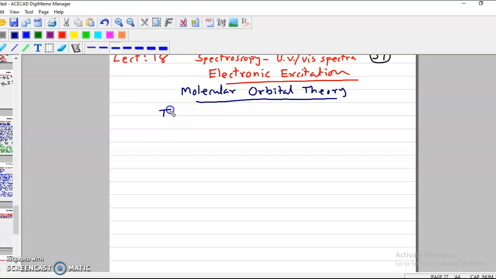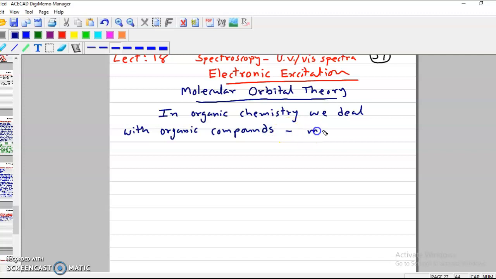You know, in organic chemistry we deal with organic compounds in which the main element is carbon, and that is a non-metal.